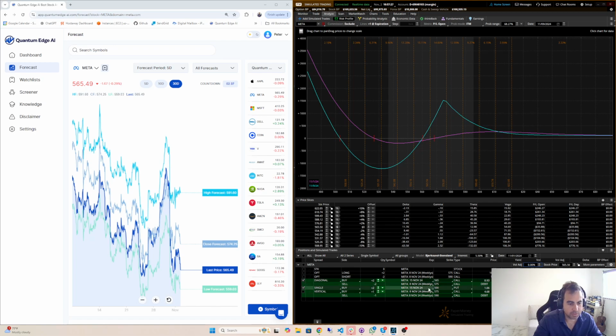A diagonal along with a long put vertical hedge. And then in the event that your high forecast in this area, price starts oscillating in here between your close forecast and high forecast, you're benefiting from this theta here. If price sits in here, you're in that Goldilocks zone for this trade, and that's exactly where you want to be. And you want to extract this theta decay.